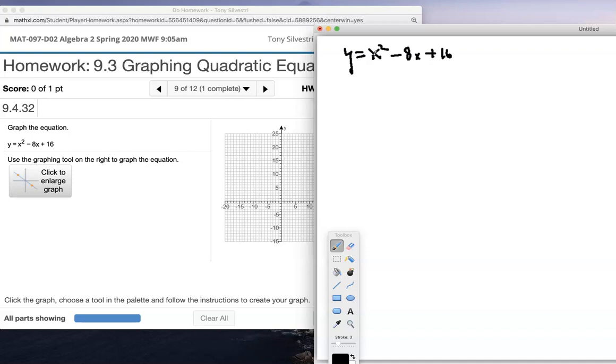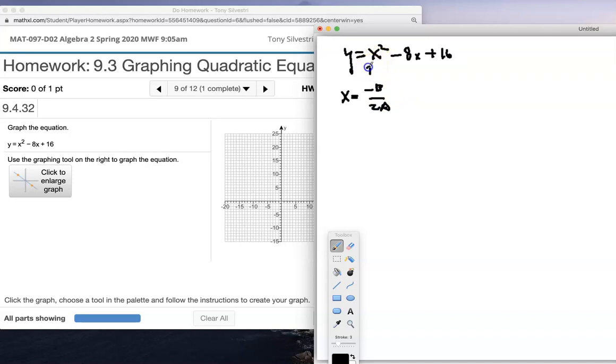I need to find the vertex. How do you find a vertex? What you're going to do is use this little equation here: x equals negative b over 2a. Okay, let's take a look at this.